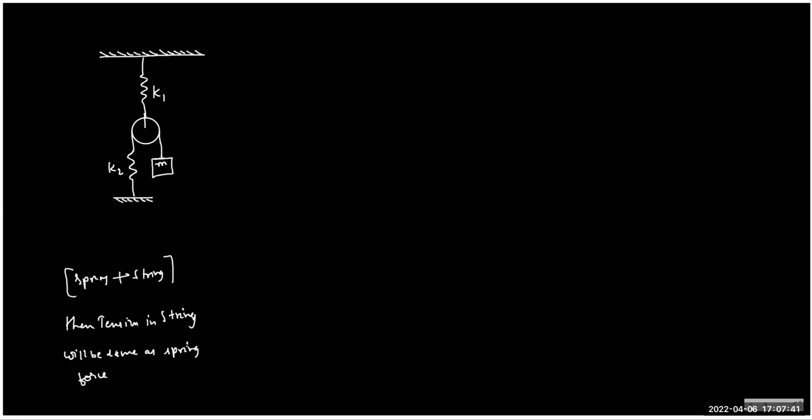If the pulley is massless, then we can say it is only the block, right? Of course, the pulley will also be there, but I will consider only the block. So here the oscillating mass is M, the block, correct? The pulley is massless. Is it clear so far? All right.